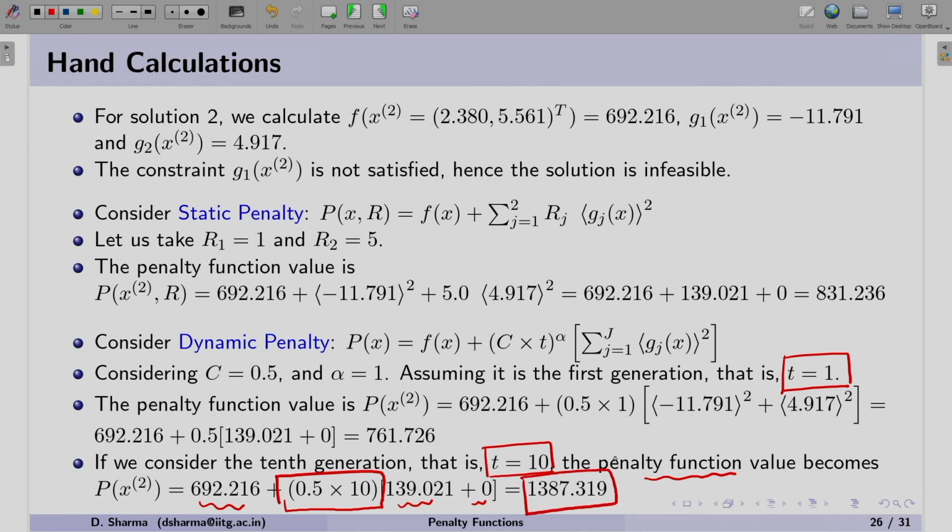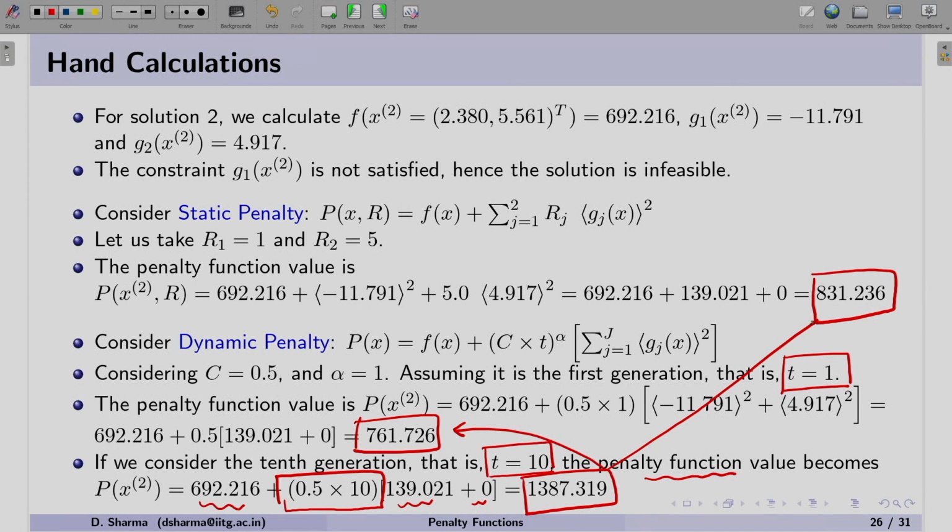Now if I compare this penalty function value with the penalty function value with t equal to 1, what we can see here is that in the 10th generation, the penalty function value will be large. Also, if we compare with the static penalty, the term is quite large.